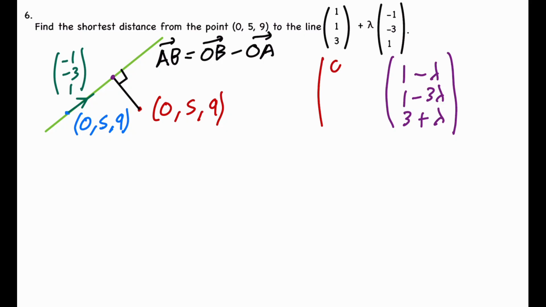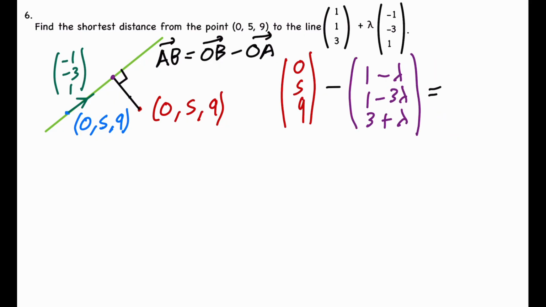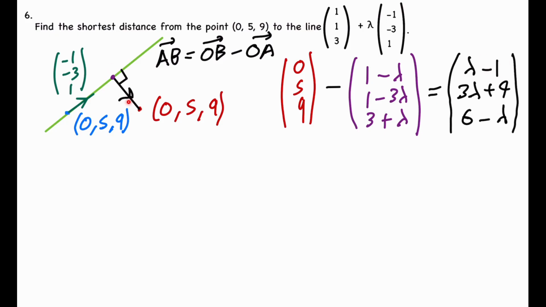So do (0, 5, 9), take away this, and this vector over here would be (lambda minus 1, 3 lambda plus 4, 6 minus lambda). And now we've found the direction vector between these two points.